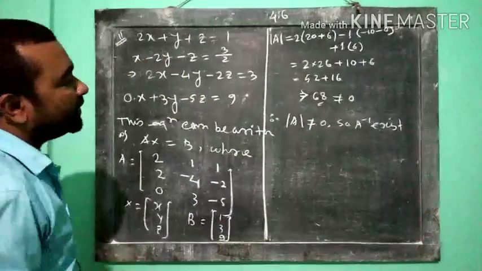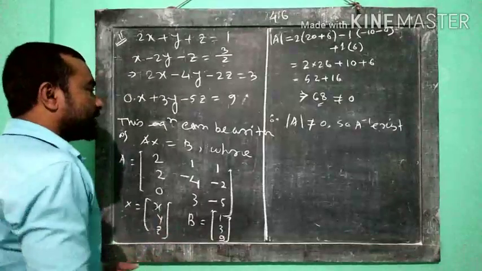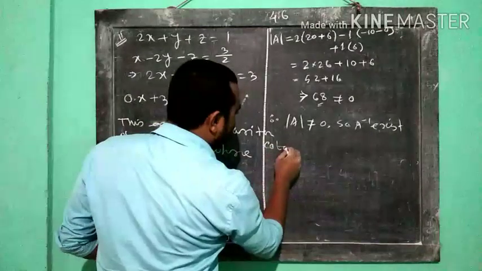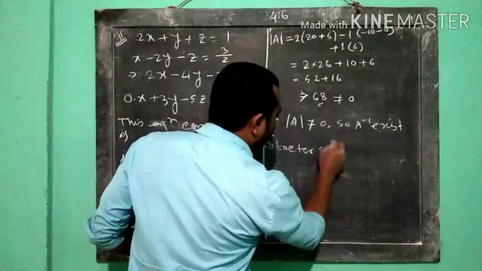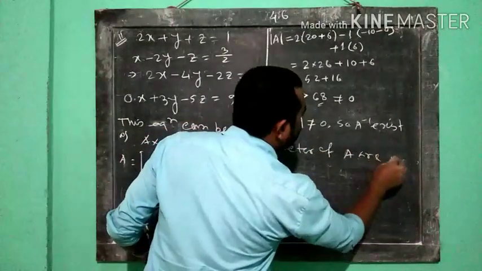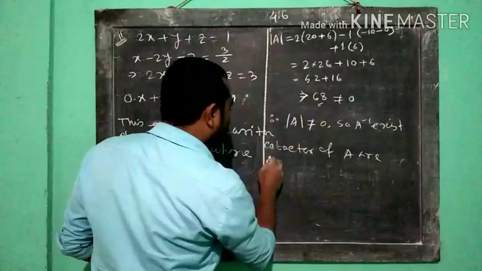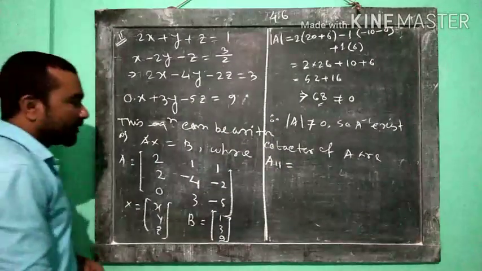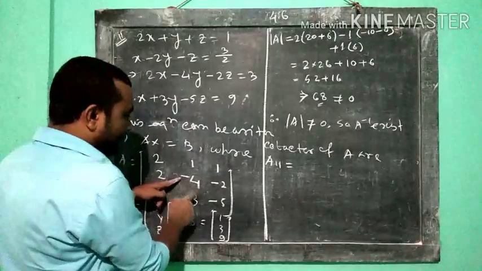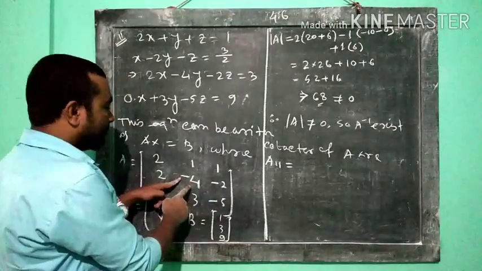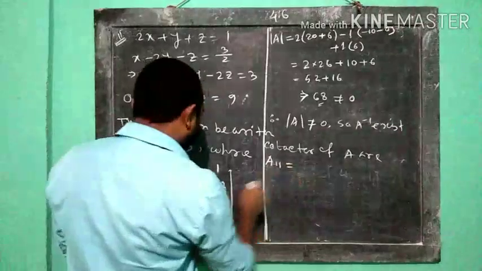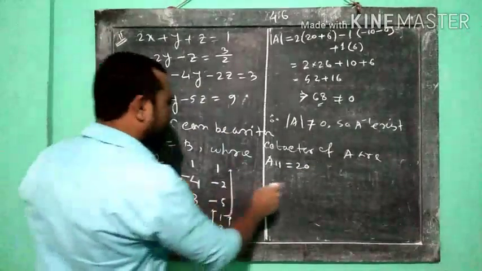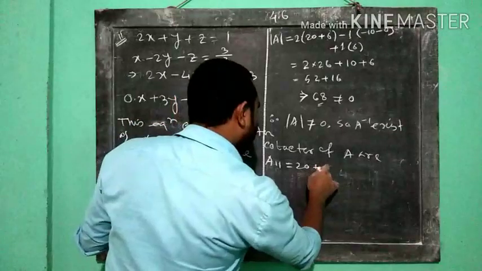So how to find the unique solution? For unique solution, we find the cofactors. Therefore, we are going to find the cofactors of A. So cofactors are what? A11. First of all, A11, this minus this. So what we get here? Cofactor of A11 is, this is 20, minus is plus 6.